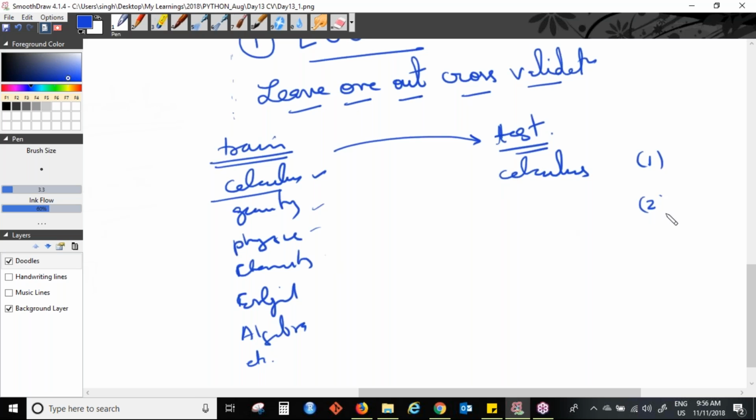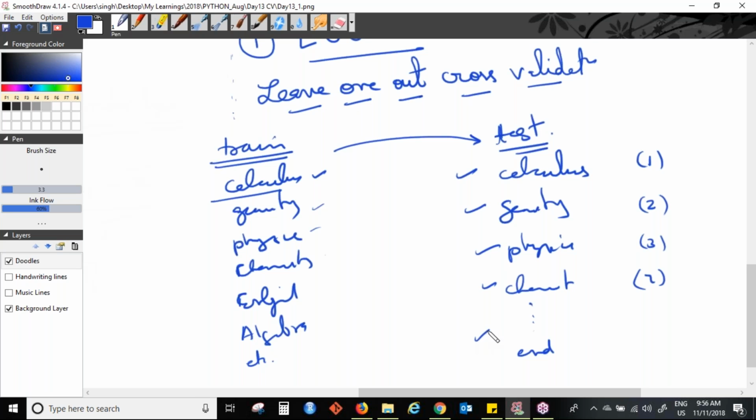Now iteration number 2 will start, where I will check the model's accuracy on geometry. And then again it will repeat. Then once again I will check the model's accuracy on physics. Once again it will repeat. I'll check the model's accuracy on chemistry, and so on till the end. So I will check the model's accuracy on all the rows, on all these concepts.